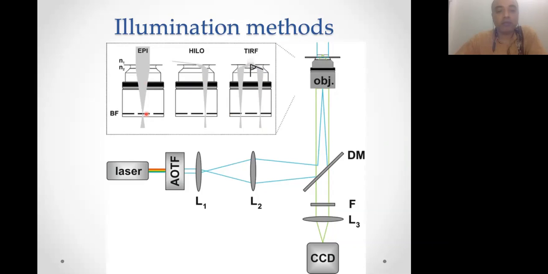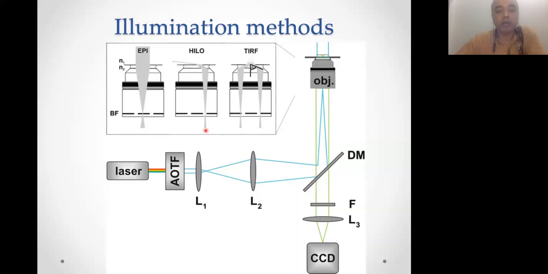HiLo, in terms of the position of this beam, is somewhere in between the epi and the TIRF. What is happening is, instead of doing this very sharp angle, which is larger than the critical angle, you have just moved it from the center by an amount such that this beam is coming off at a highly inclined angle.